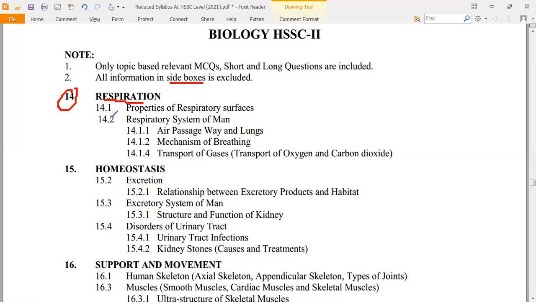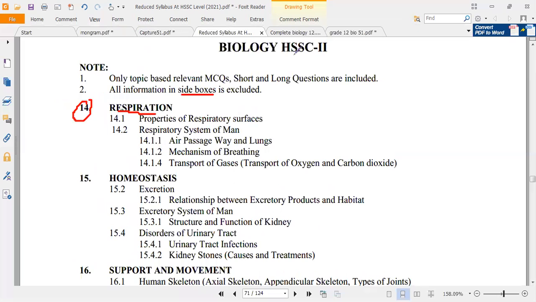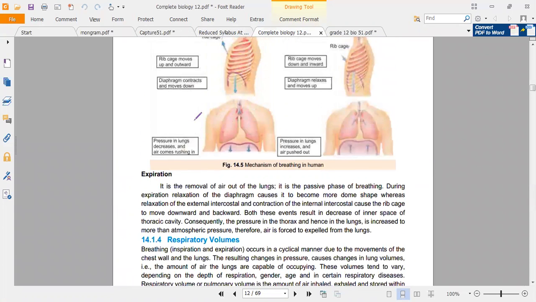You might have seen 14.1, properties of respiratory surfaces. But if you see in your book, maybe the book you have is the same one, if you are having the new edition; if not, then you can see here.